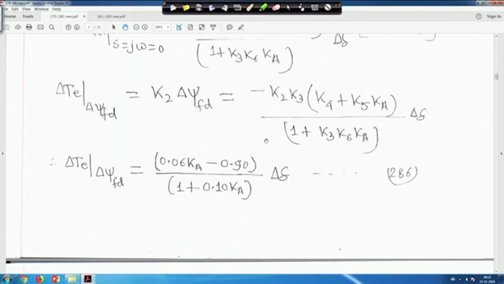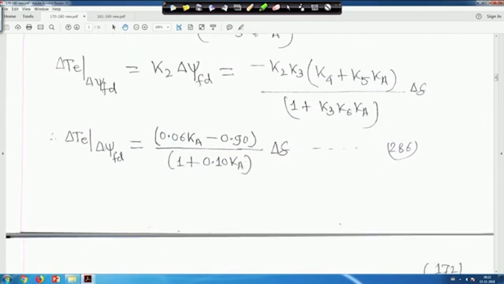So if you substitute, then the component of delta Te due to delta psi Fd, one will get (0.06K minus 0.9) divided by (1 plus 0.10K) into delta δ. This is equation 286.